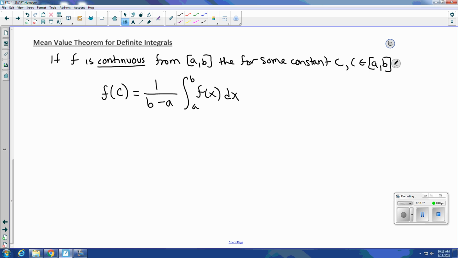So this is the mean value theorem for definite integrals. So you can see the definite integral in this theorem, but it's average value, so average and mean, going back to early stats lessons. So the output for some constant should equal the average value. That's your mean value theorem for definite integrals.